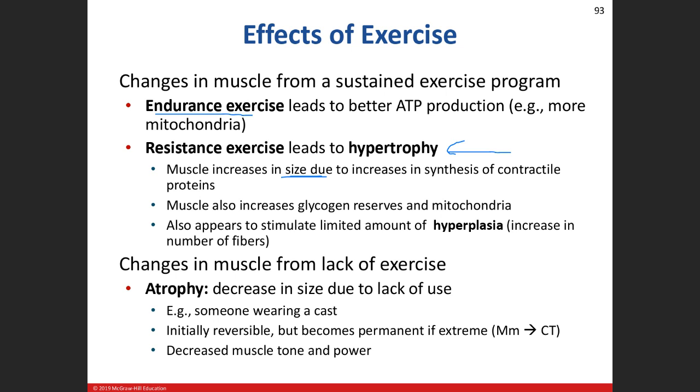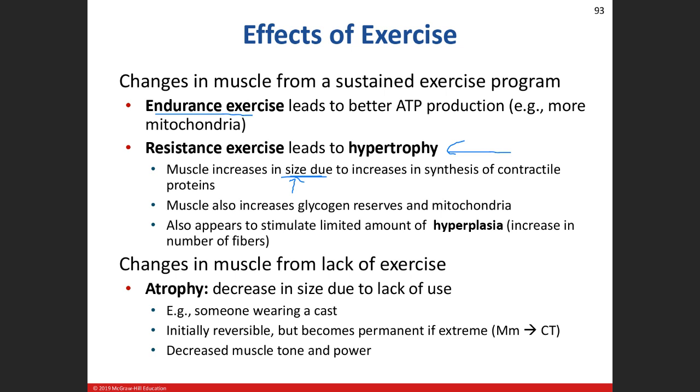What's the name for an increase in cell number? You guys remember the name? Similar to hypertrophy. Hyperplasia. Okay, hyperplasia is an increase in cell number and in cell size. Hypertrophy is an increase in cell size only.